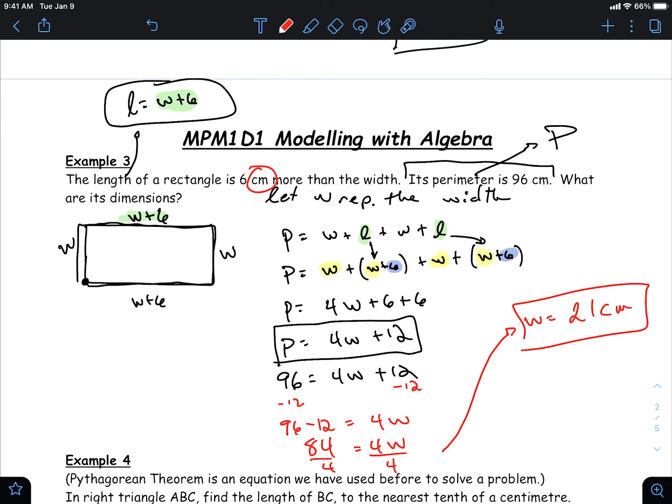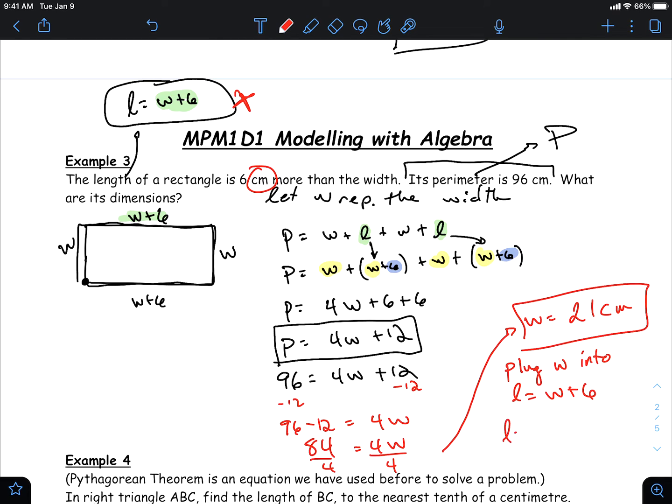Are we done? Elizabeth? Okay, we need to find the length. The convenient thing about what we've done here is up at the top, we have an equation that represents the length. It told us that the length is the width plus 6. Once you find what the width is, you can plug that in to find the length.